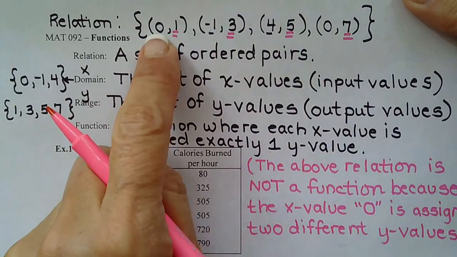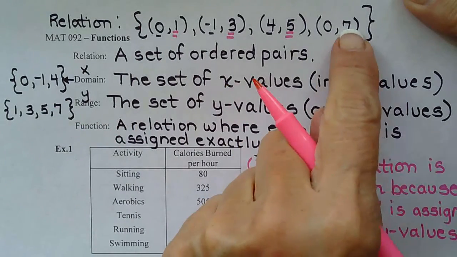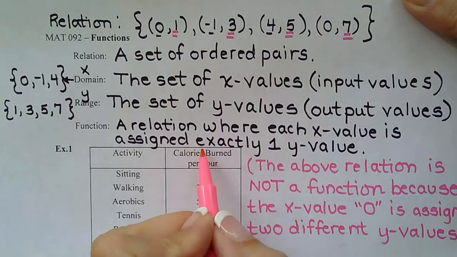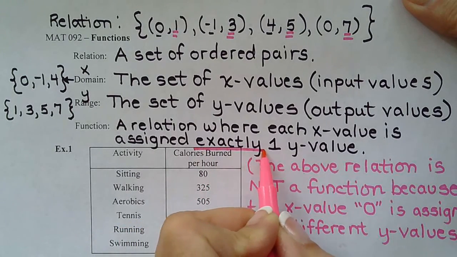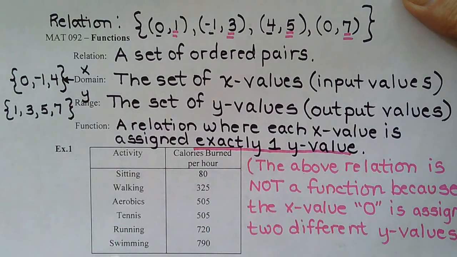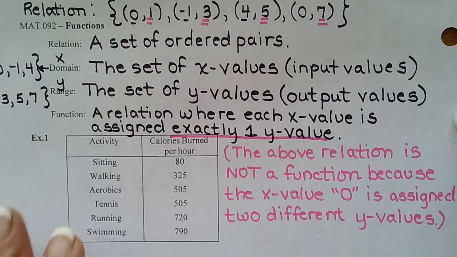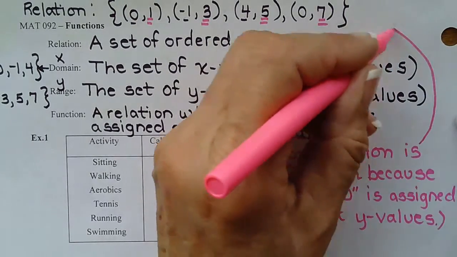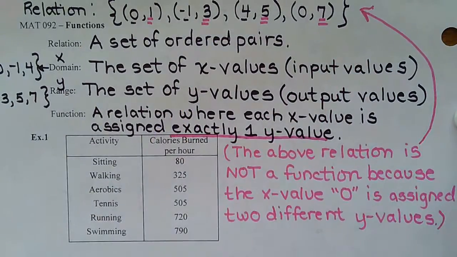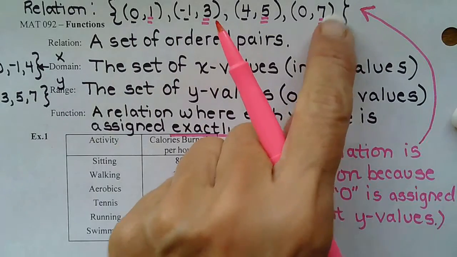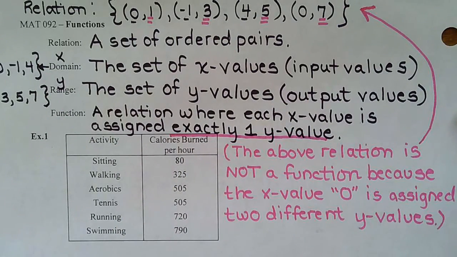So 0 is assigned 1 and 0 is assigned 7. And according to this definition, in order to be a function, each x value is assigned exactly one y value. So if you see an x assigned to 2 different y's, then you know it is not a function. So the above relation, let's draw an arrow up here so we know what we're talking about, is not a function because the x value 0 is assigned 1 and 7. So 2 different y values.